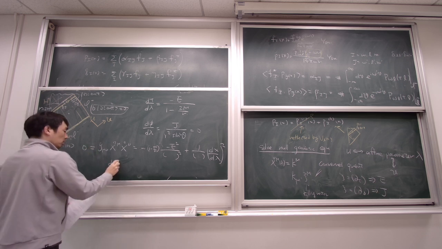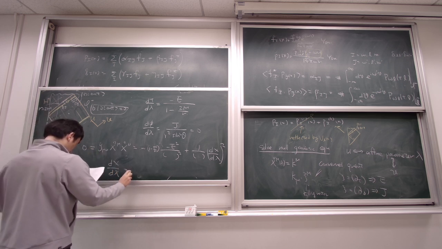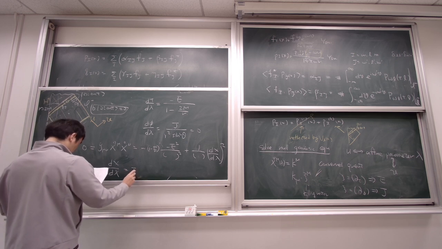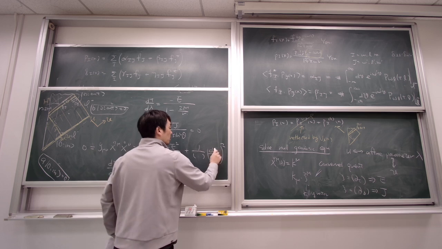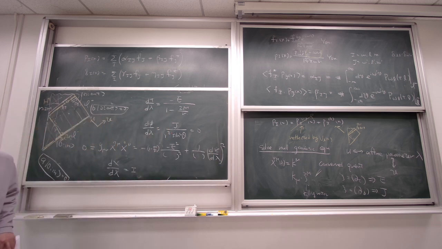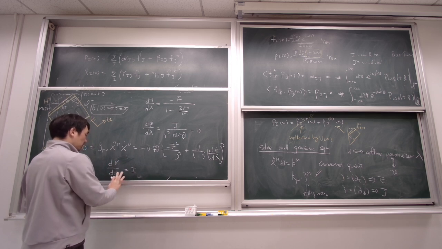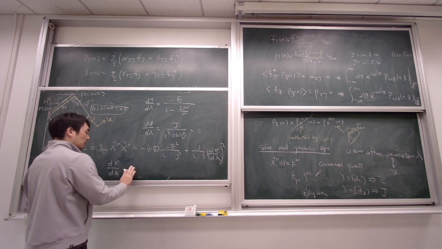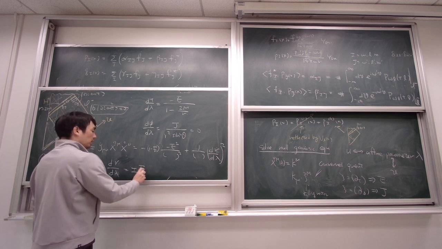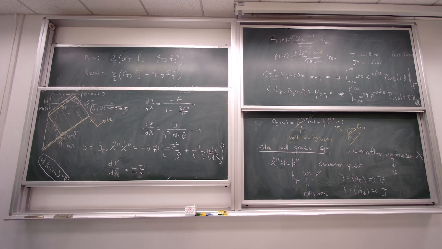From here, dr over d lambda has to be plus or minus e. That's what the geodesic equation tells us.